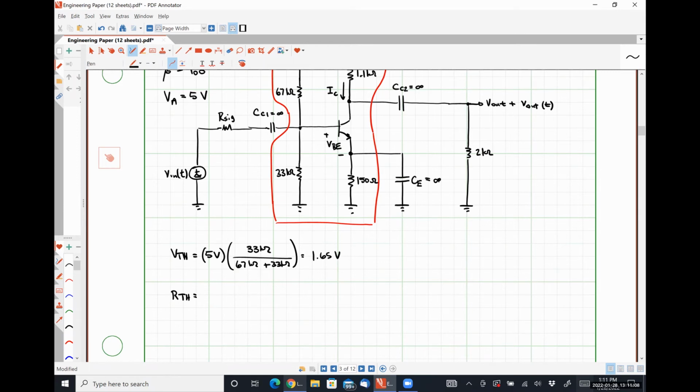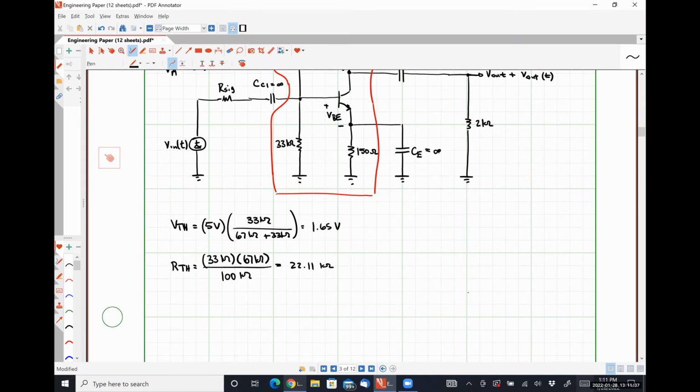Then I need to know what RTH is. RTH is just going to be the 33 and the 67 in parallel, right? That's going to look like 22.11 kiloohms.